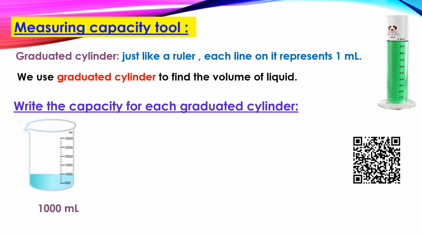Yes, 1000 milliliters. We wanted to know the difference between milliliter and millimeter. Milliliter is a unit for measuring capacity, okay? But millimeter is a unit for measuring length, okay? The second one, here, the capacity here equals what?